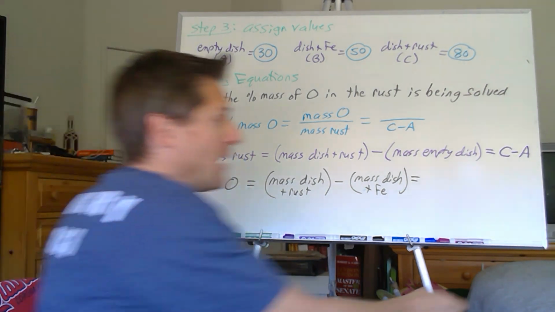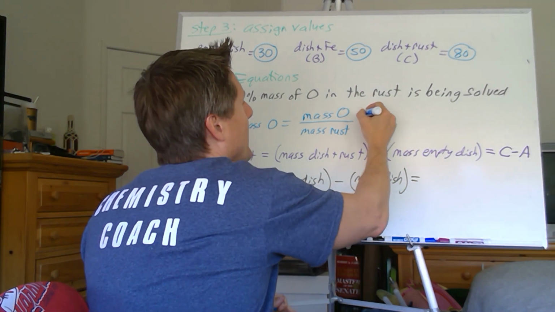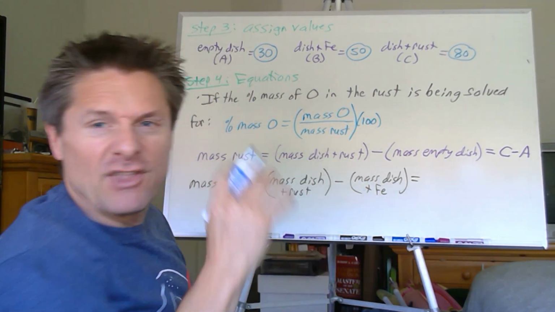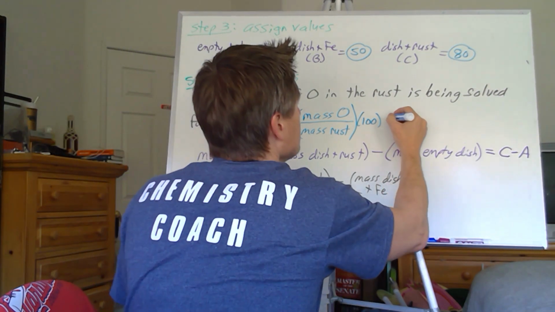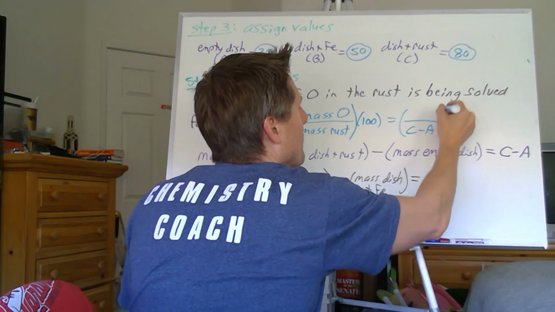Actually, we got to multiply this by 100. So let me do this over again. Let's times this by 100, to convert that ratio into a percent. So this will be C minus A on the bottom.